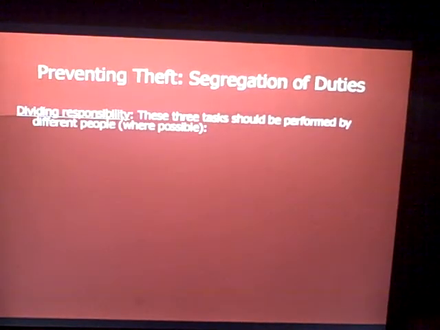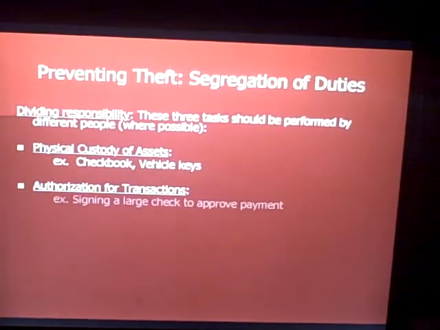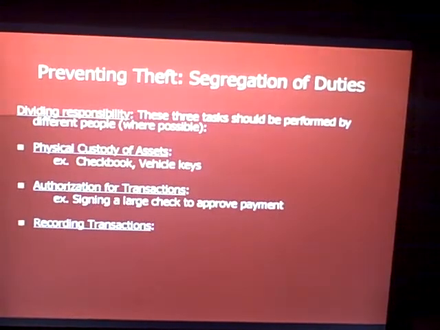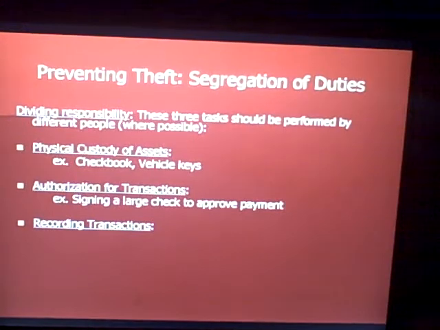So how do we prevent this? We've talked about this in a prior video, segregation of duties, which is another way of saying divided responsibility. These three tasks should be performed by different people where possible. Now, we all understand that there's businesses that are too small and have too few employees to split up these responsibilities. First of all, physical custody of the assets.